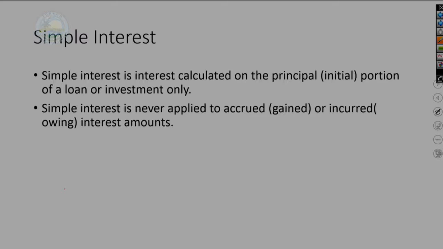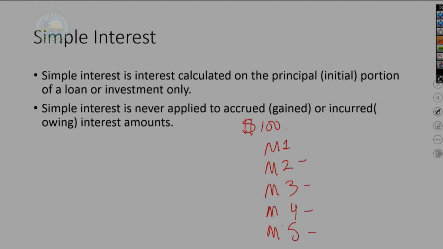Now, what do I mean by that? So let's say you borrowed $100 and you had 5 months to pay it back. So you had to pay back that $100 within 5 months. So you have month 1, month 2, month 3, month 4, month 5.